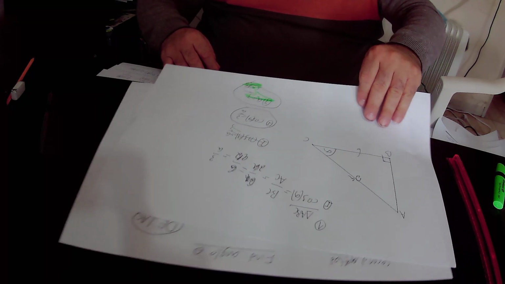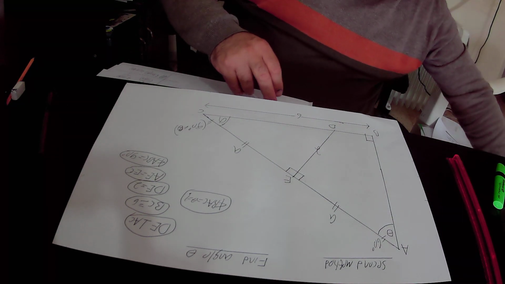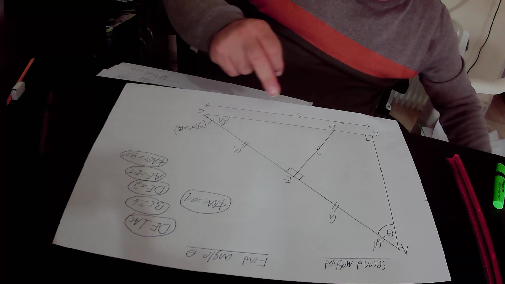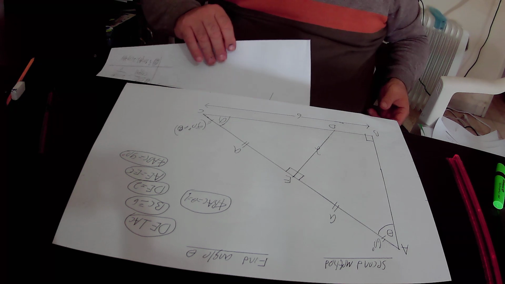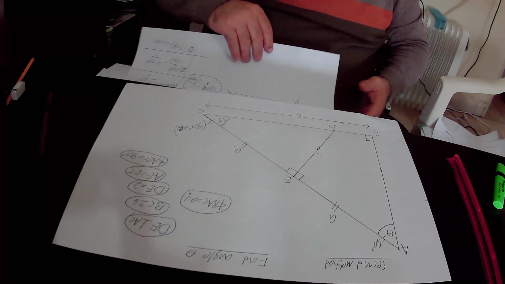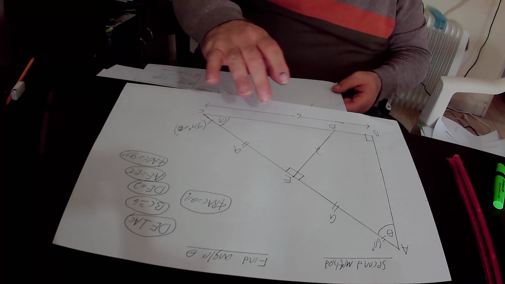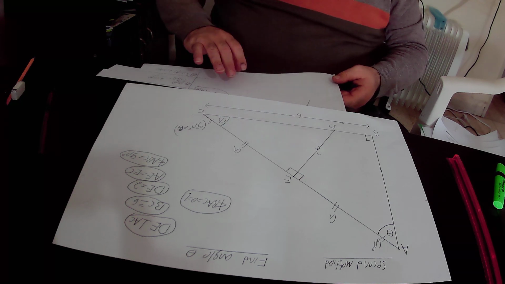Then we focused on the right triangle DEC, so I copied the right triangle DEC in a new page and we analyzed it.